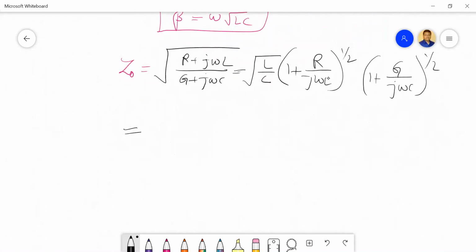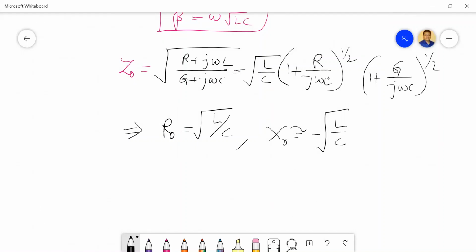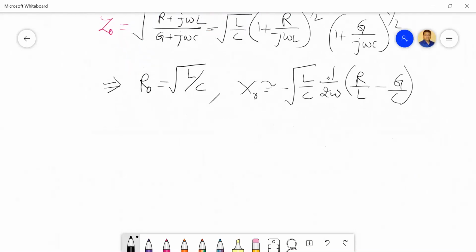Finally, if you solve these, you will have two terms. One is R naught as under root L by C, and X naught as minus under root L by C times 1 upon 2 omega times (R by L minus G by C). So finally we fixed Z naught, gamma and all, for the low loss transmission line. These will be the expressions.